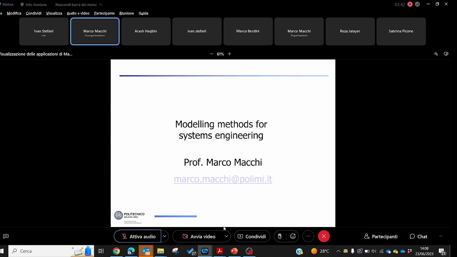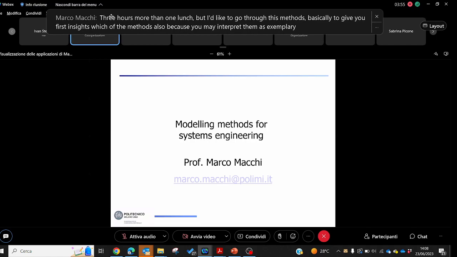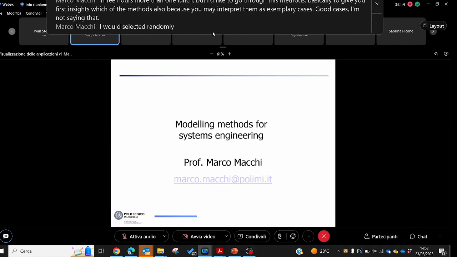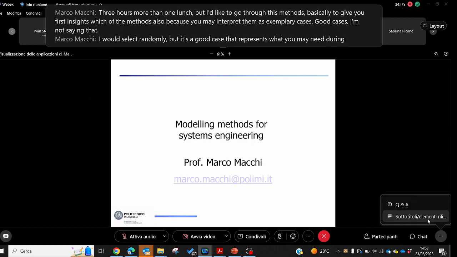But I would like to go through these methods basically to give you first insights of each of the methods, also because you may interpret them as exemplary cases, good cases. I'm not saying I will select them randomly, but it's a good case that represents what you may need during the engineering of a system through its life.